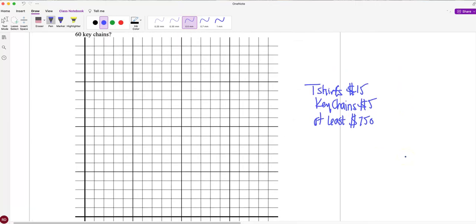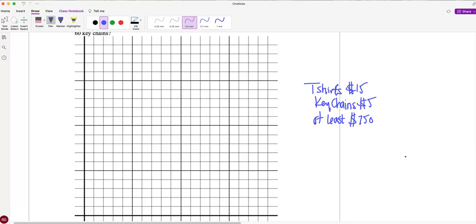So let me make this grid a little bit smaller so I can fit everything on it. That should work. So to make at least 750, that means I could make 750, I could make 800, but I can't make 700. So at least 750 means something is going to be greater than or equal to 750.